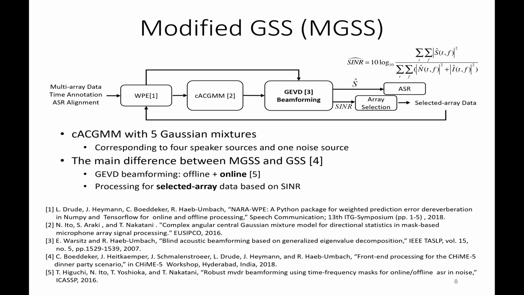First, we use GEVD beamforming as adopted in our CHiME 5 system. In addition, we also perform online beamforming in a mini-batch setting. Second, we use the signal to interference plus noise ratio to select the single best array or several best arrays as a supplement to the multi-array data. The online beamforming and beamforming for selected array data can be used for front-end fusion with beamforming in the offline multi-array setting.